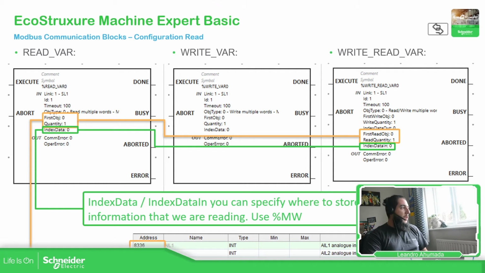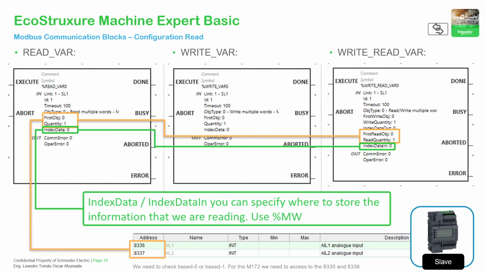That is the index data. So if you want to read these two registers from the other slave, the index data will be the percentage MW in the M221 where that information will be stored. Let's continue with this.